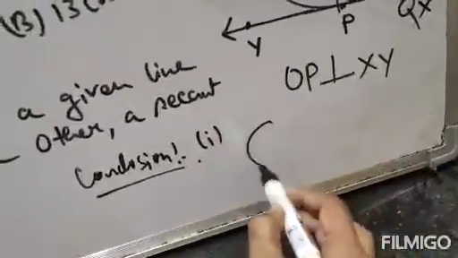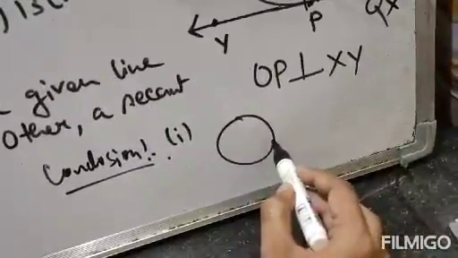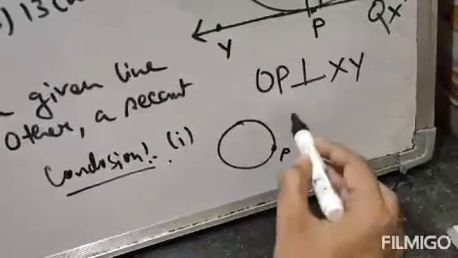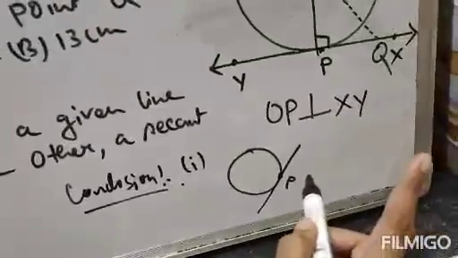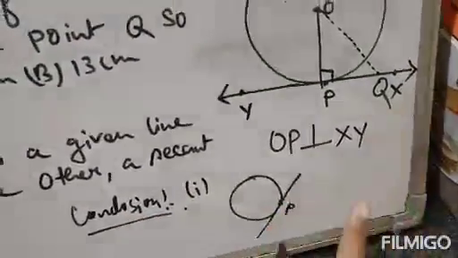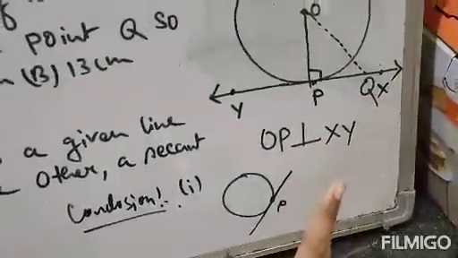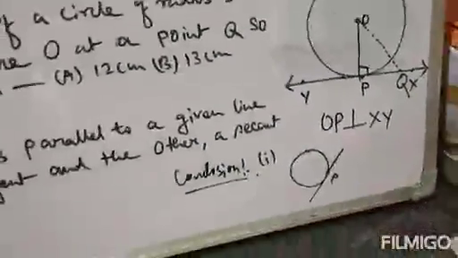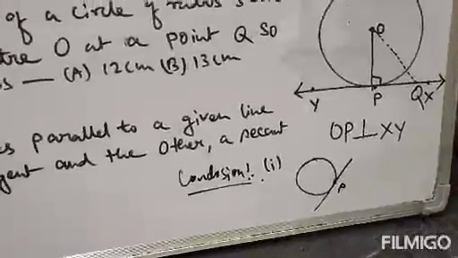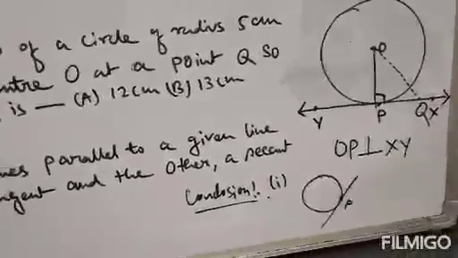Suppose you are drawing a circle and you take this point. With this point you can draw only one tangent, not more than one. Only one tangent can be drawn at any point on a circle. That is the first conclusion.